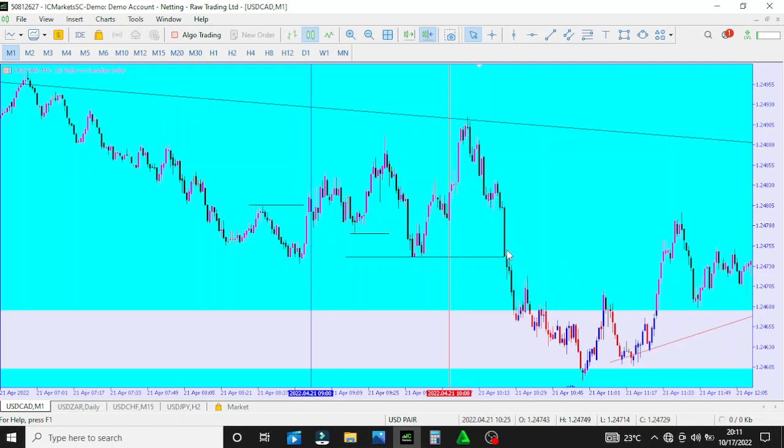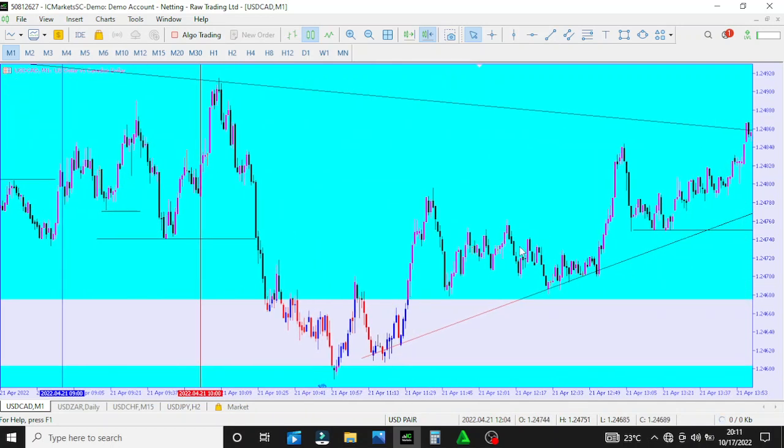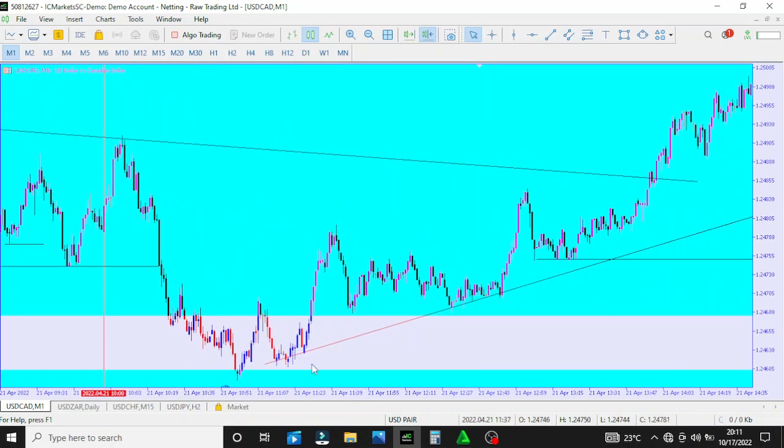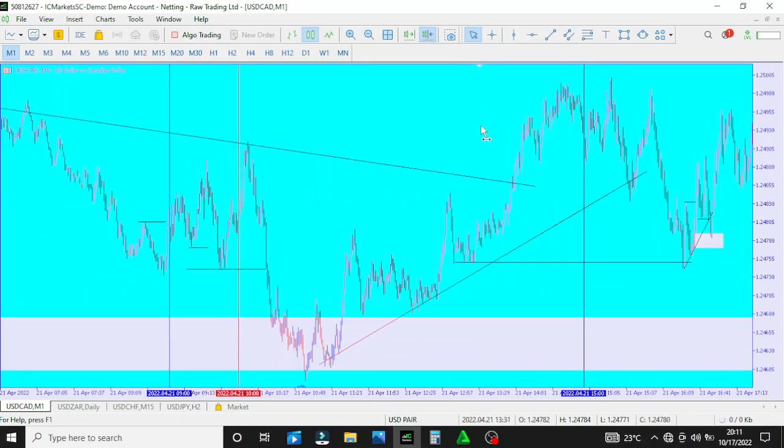You see, in this minor reaction, and went on to manipulate the liquidity. And later on in the session, London created this momentum trend line and these equal lows. You see, and went on to manipulate.